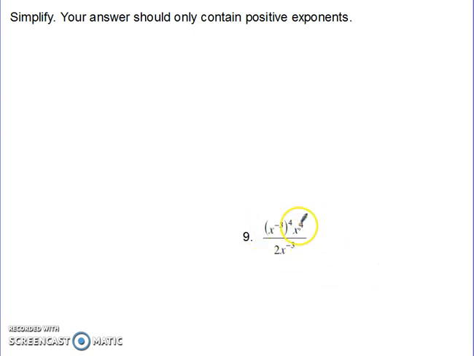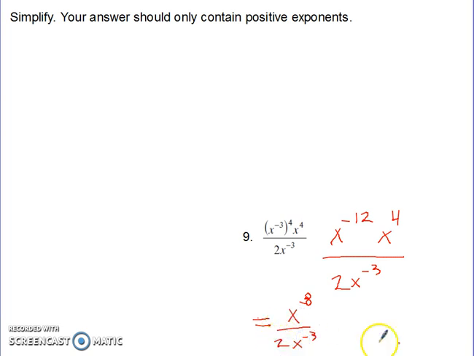Okay, next problem. Let's evaluate that exponent on the outside of parentheses, and that gives us an x to the negative 12 times x to the 4th over 2x to the negative 3 power. I'm going to take care of my numerator first, and that gives us a minus 12 plus 4, that's a minus 8, on top of 2x to the negative 3 power.